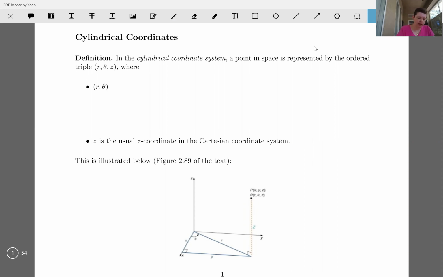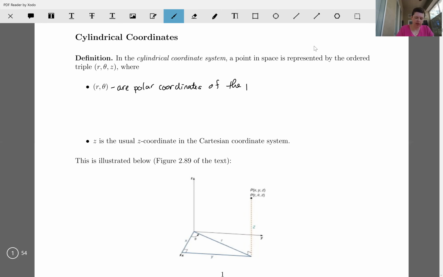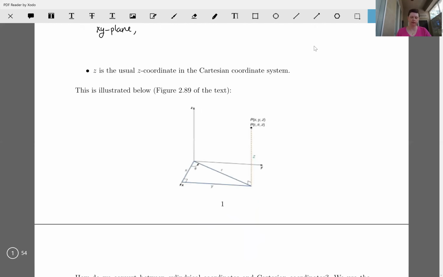R and theta are just the polar coordinates of the point's projection in the xy plane, and then z is just the usual z coordinate in the Cartesian coordinate system, and you can check out figure 2.89 of the text, which I of course have reproduced for your convenience here.